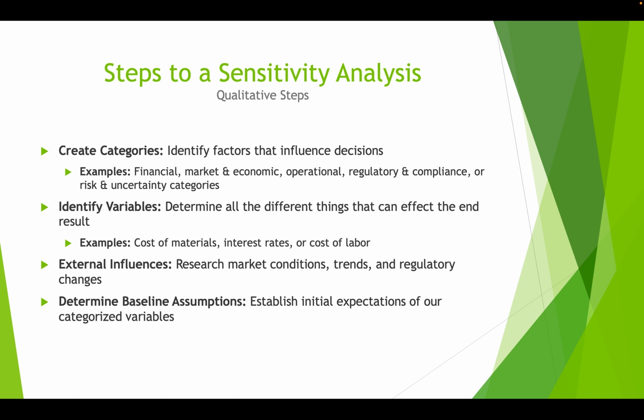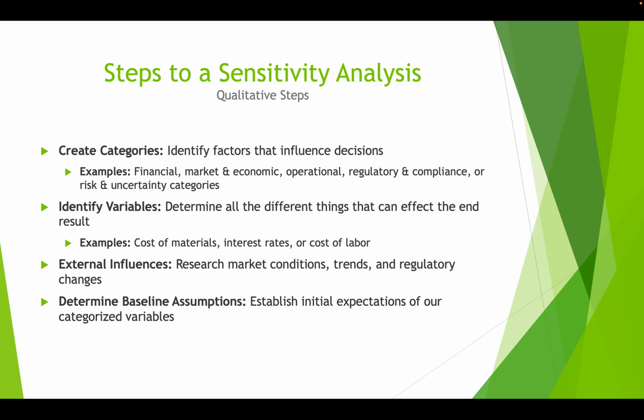During the first step, the qualitative process, we create categories such as financial, market and economic, operational, regulatory and compliance, or risk and uncertainty categories by identifying the factors that influence decisions. Next, we identify variables by determining all of the different elements that can impact the final result.